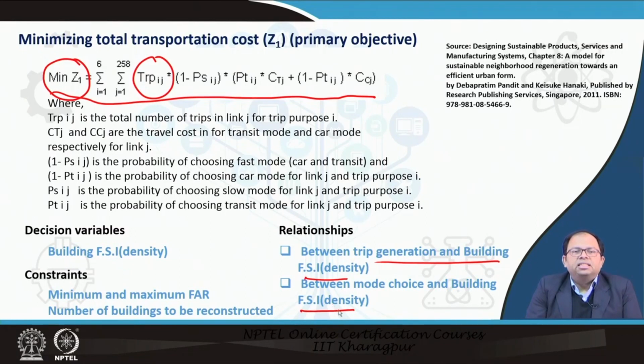That means when density is high, people are more prone to choose certain modes which will lead to lesser cost. If these kinds of relationships are there, which could be positive or negative, we can minimize transportation cost by determining a certain kind of density. So density is one aspect of land use.